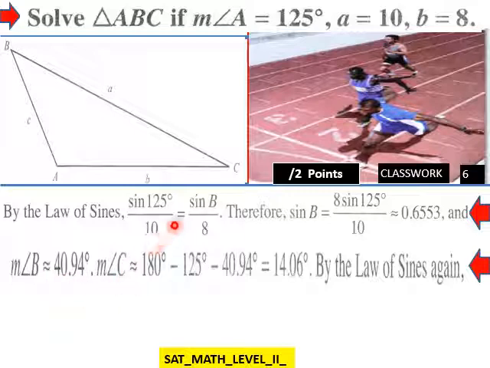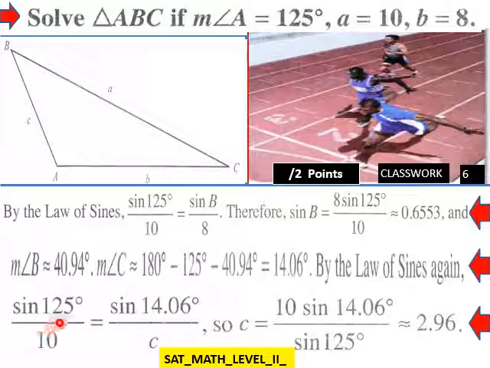The measure of angle C, by using our 180 rule of triangles, would be 180 minus 125 minus 40.94, and that comes out to 14.06 degrees. By the law of sines one more time, sine 125 over 10 will equal sine 14.06 over c.